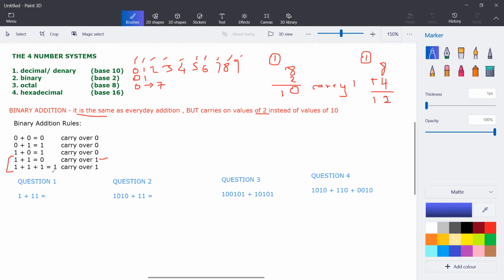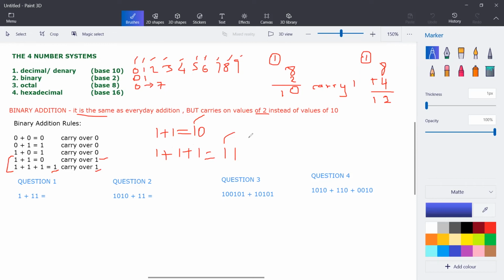You write 1 as the answer, you carry over 1, all right? It's like we're saying 1 plus 1 is 10, of which you will carry over that 1. And 1 plus 1 plus another 1 is 11, and you'll carry over that 1. That's what we mean. So those are the basic binary addition rules that you need to know, all right?